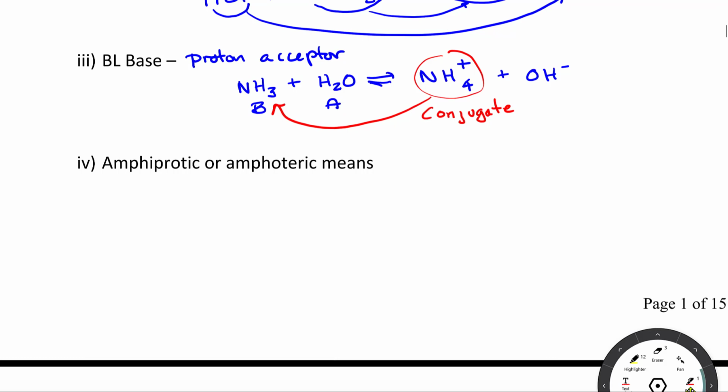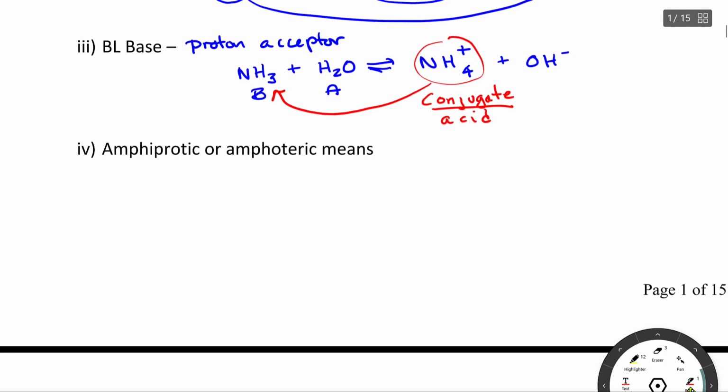All it's saying is that on the return reaction, it's acting as the acid and giving the proton back to the water where it got it from, or giving it back to the hydroxide to make water. That's where it got it from originally. So that's the conjugate acid, so it's not confused with what's on the reactant side.